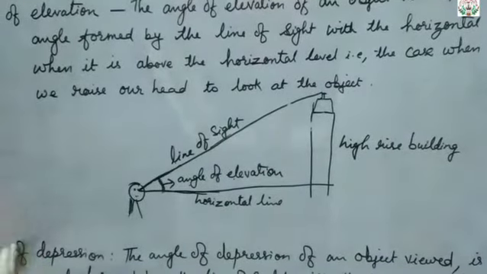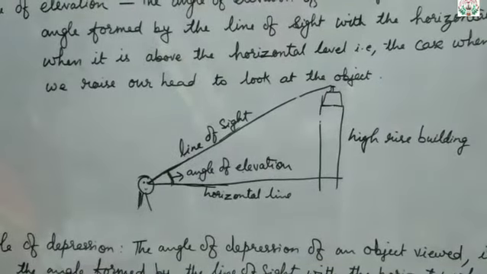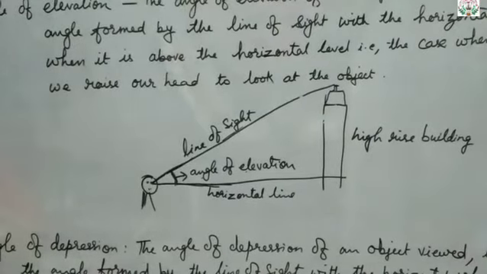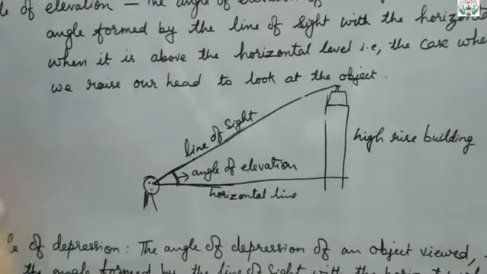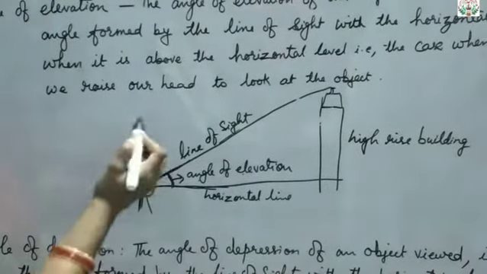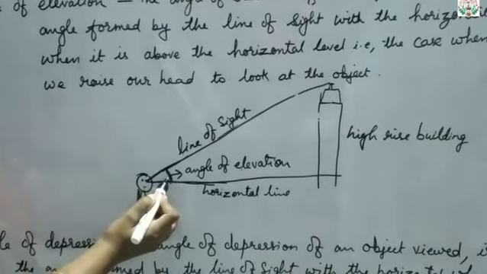Suppose you are standing at the gate of your house, and you want to see the sun. Where is the sun? Above your head or below your head? Definitely above your head, so you have to raise your head to see the sun. That time what is made? Angle of elevation. Clear? Understood?